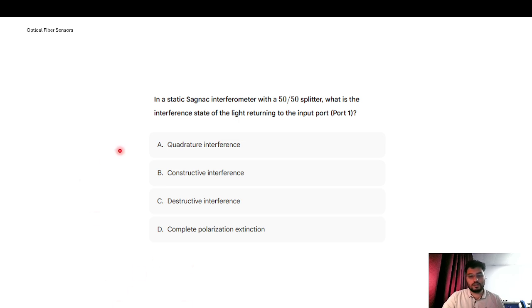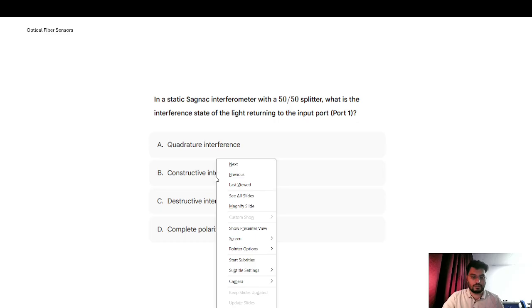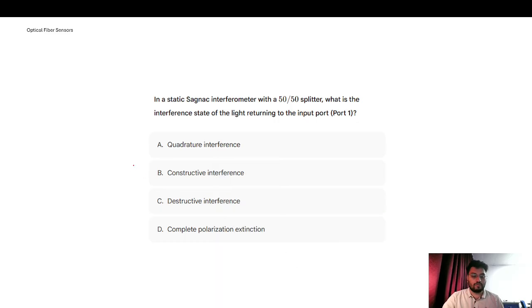So here is the correct answer, which is constructive interference. And why is it so? It's because at the input port, both the clockwise and counterclockwise waves experience a total phase shift that results in a zero relative difference, acting as a mirror.